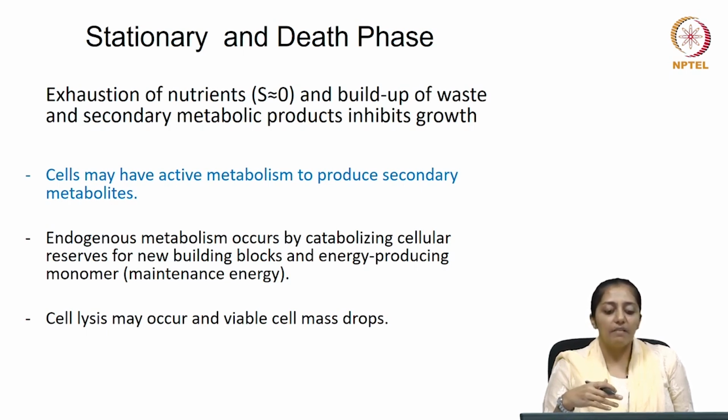Now, cells may have active metabolism to produce secondary metabolites. Endogenous metabolism occurs by catabolizing cellular reserves for new building blocks and energy producing monomers. Now, this is all clubbed into maintenance energy. The cell lysis may occur in this phase and the viable cell mass or cell number will start decreasing.